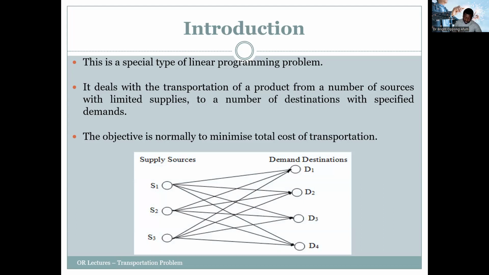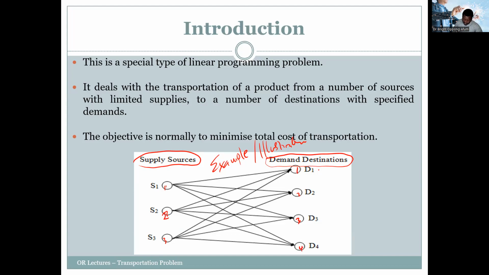So this is how it works. Usually we have a supply source, where the product is coming from, and also a demand destination. So for this particular illustration, you see that we have three sources, that is 1, 2, and 3. And each source has the capability to move products to destination 1, to destination 2, to destination 3, to destination 4 in that order.